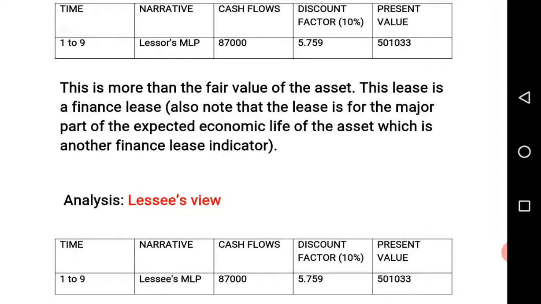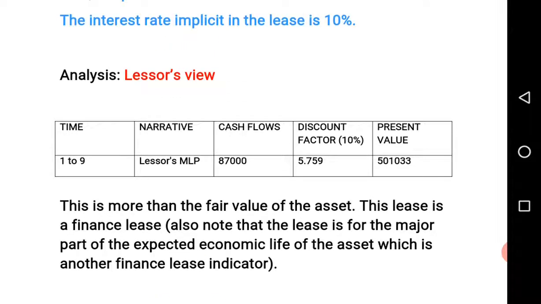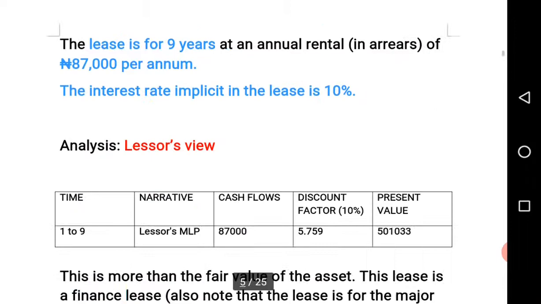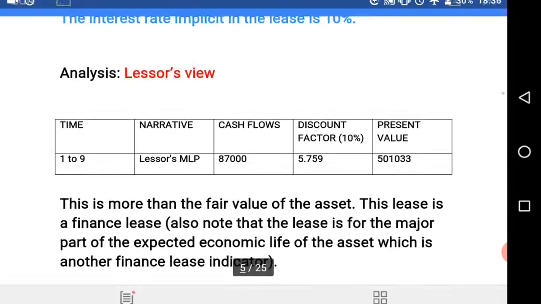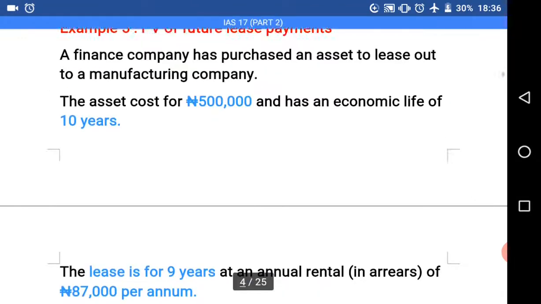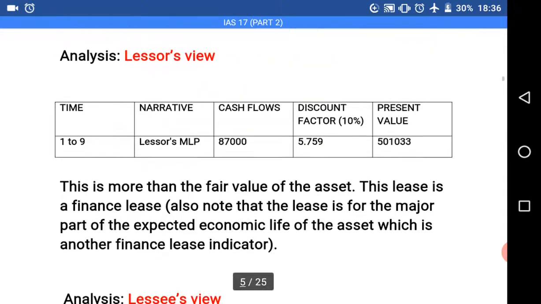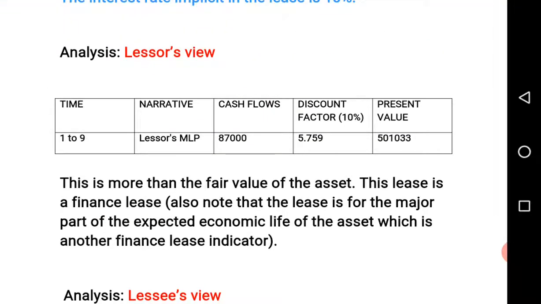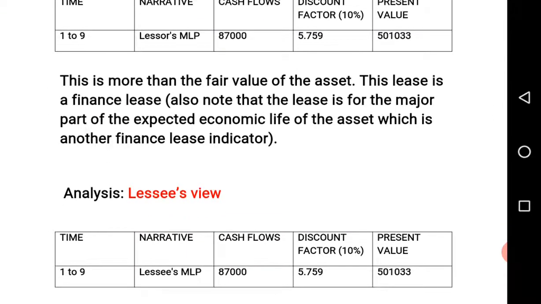Now the lessee's view is the same, since the asset was leased to a single person, so the points of view would be the same.